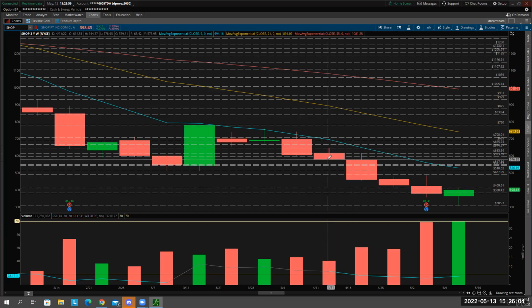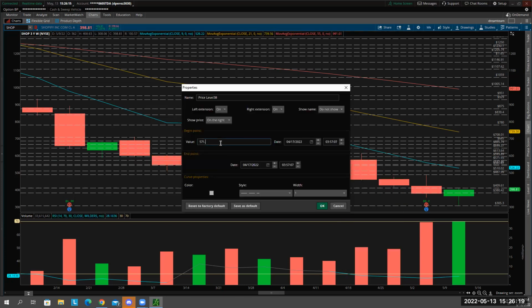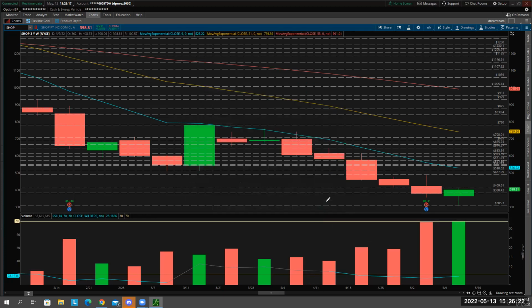You can see right here, low of this and the open of this, both strong levels. We got the open 575 and the low at 578.95. Let's do 575. Close this, open this.